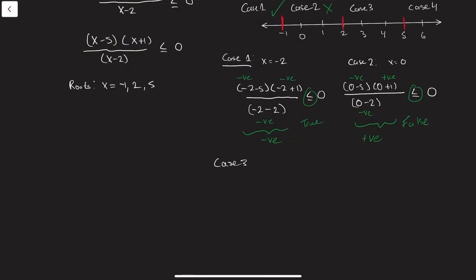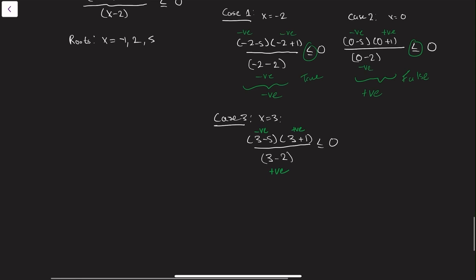Case 3. Let's pick x is equal to 3. So we get 3 minus 5, 3 plus 1, all divided by 3 minus 2, less than or equal to 0. This is negative, this is positive, this is positive. A negative multiplied by a positive is negative, divided by a positive is negative. Making this true.